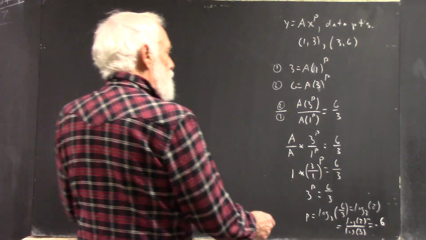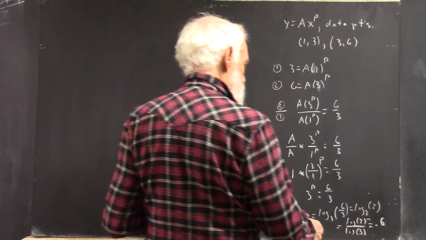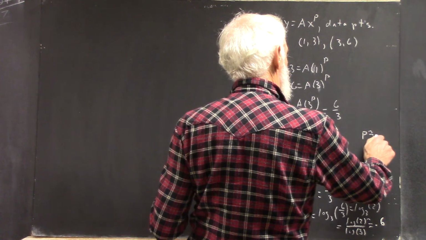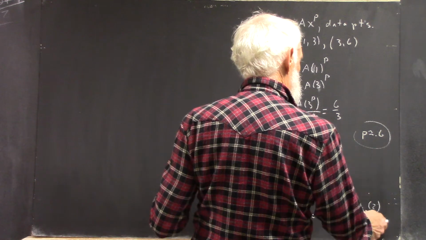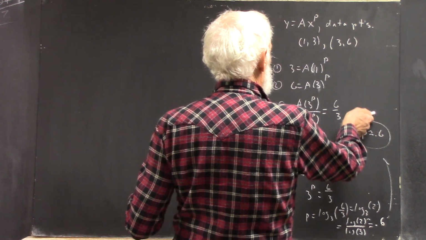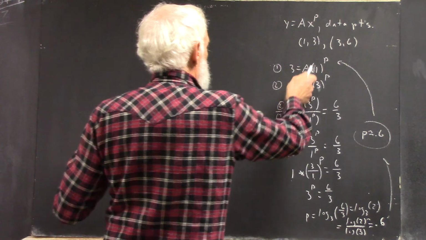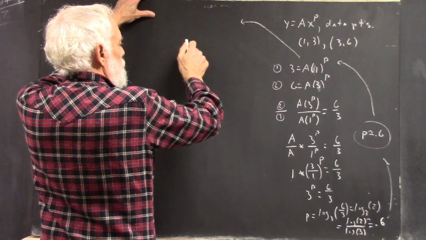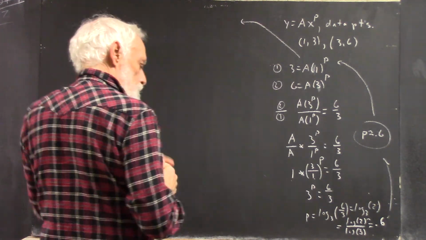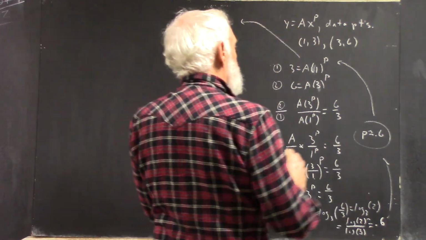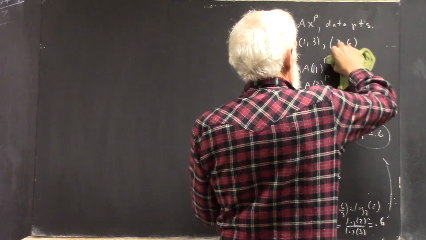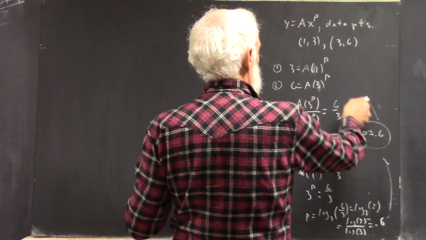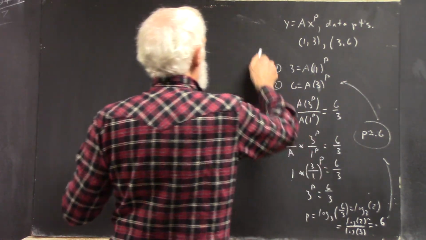And then we plug this back in to one of our original equations. Okay, so this tells us p is approximately 0.6. Let's plug that back into the first equation, which is then going to give us... I don't want to plug that into the first equation because I got that 1 there. It's kind of a bad choice of a number on my part, but I'm going to plug it in here just to show you how it generally works.